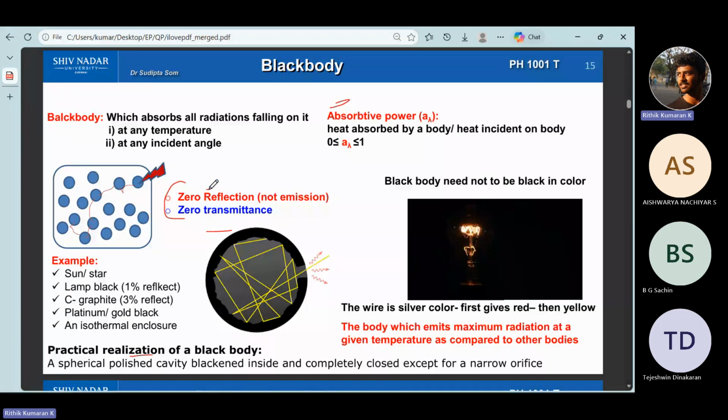So it shows zero reflection. Zero transmittance. If some radiation passes through the black body, then the black body will not contain that radiation. Correct? So it should not let any of the radiation pass through it. So basically, it cannot be a transmitting material. So a black body will have zero transmittance. So this is what these 2 points here state.